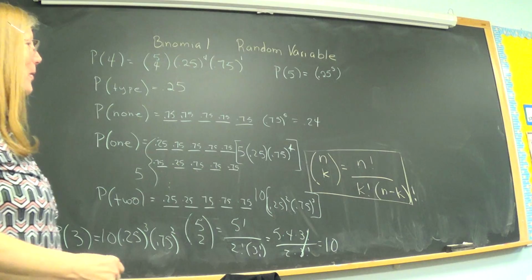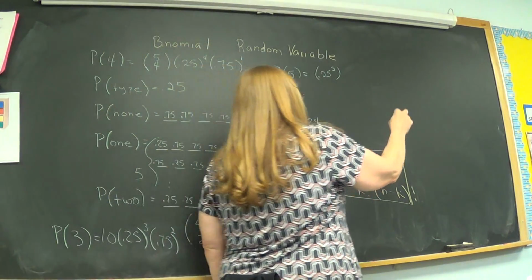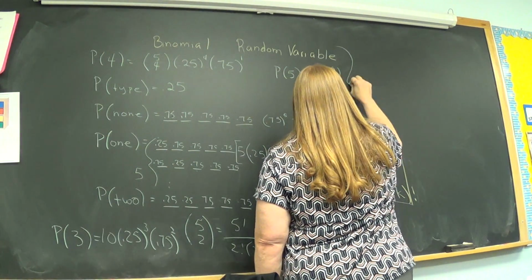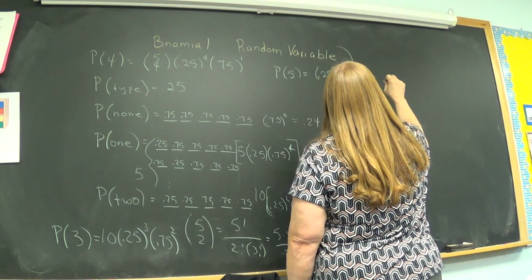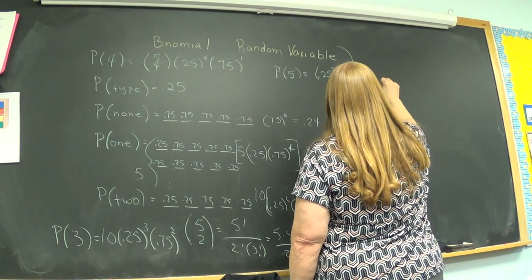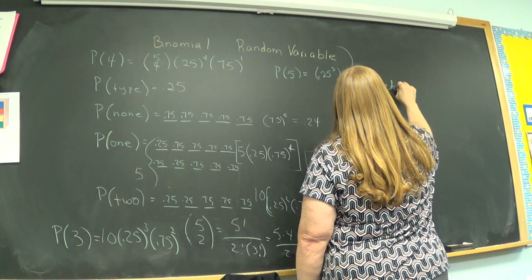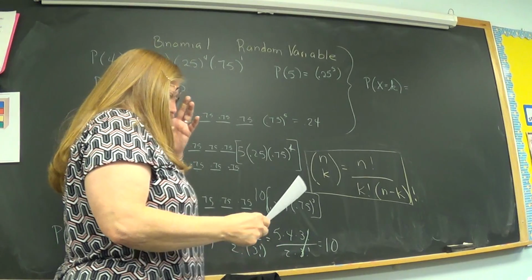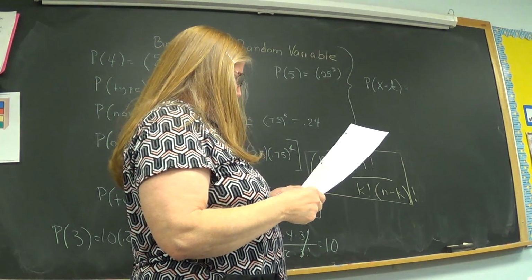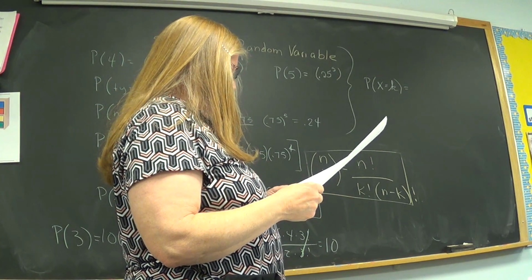All right, can we develop a formula for all of this now? So the probability that the variable, I'm talking about x, equals some value k. Yep, k is good.